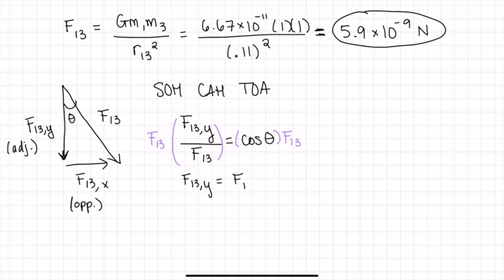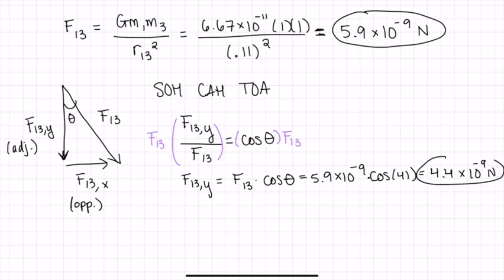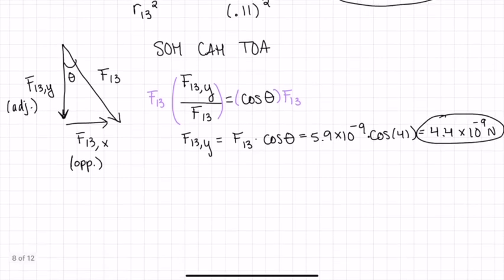I'm just going to move that F13 in front of the cosine theta, and then we'll have 5.9 times 10 to the minus 9 times cosine of 41. Again, I'm using the unrounded stuff that's in my calculator just since it's easy for me to plug that stuff in and work with those numbers while I'm typing it out. I'll still round to 2, so I get 4.4 times 10 to the minus 9 newtons. I'll go ahead and circle that one since that'll be something that we need.